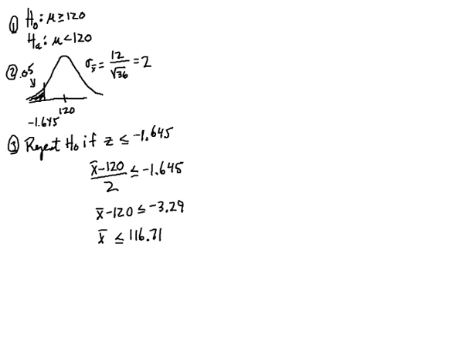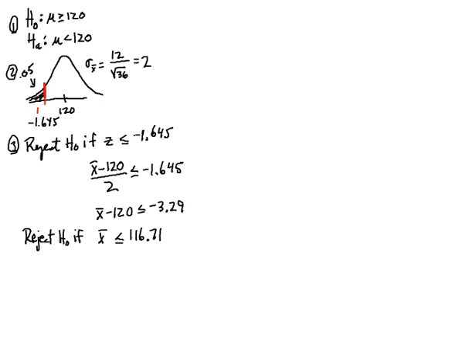So my new rejection rule is to reject H sub 0 if x bar is less than or equal to 116.71.